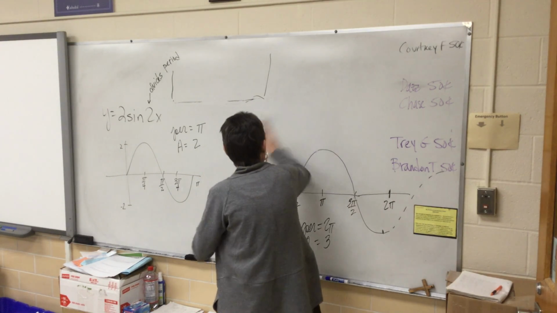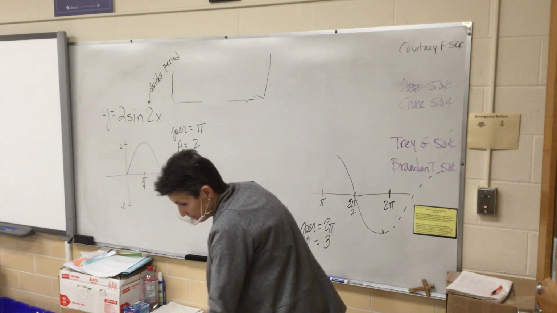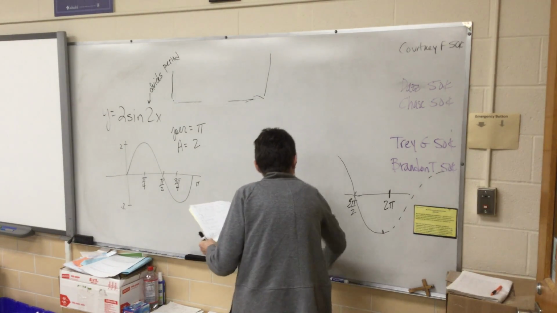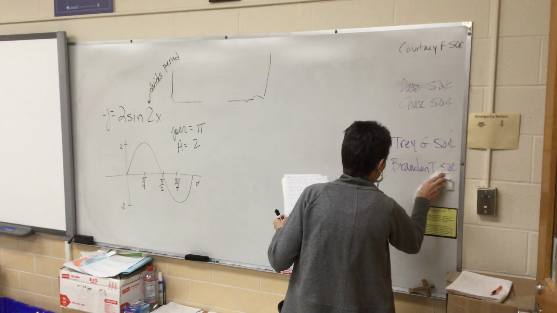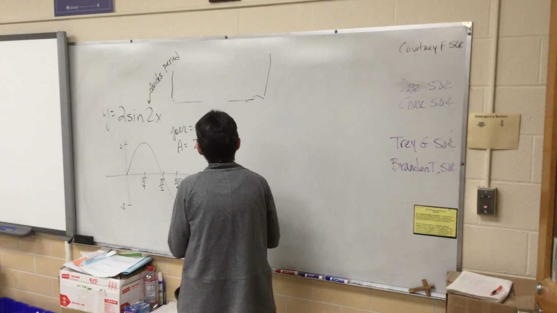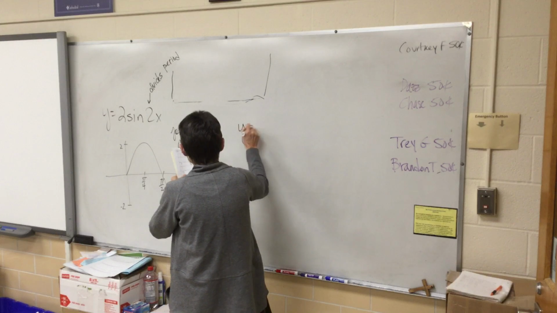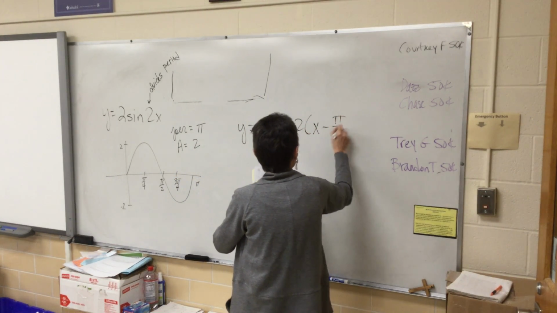Okay, what do we have next? Oh boy. All right, tell me about this. Look at it, think about what we learned before, and what do you think's going on with 3 sine 2x minus pi over 4?